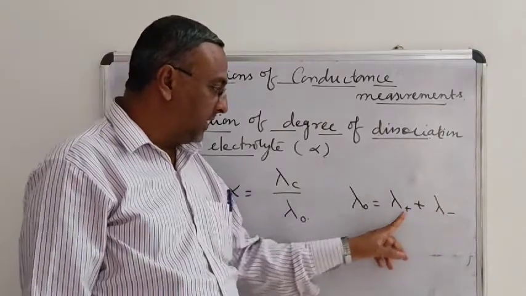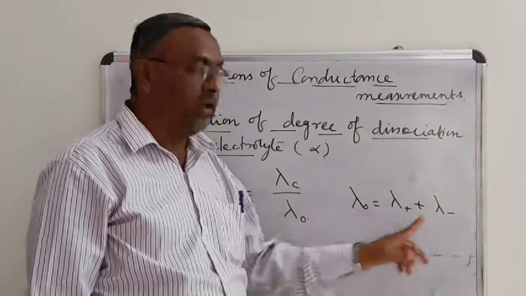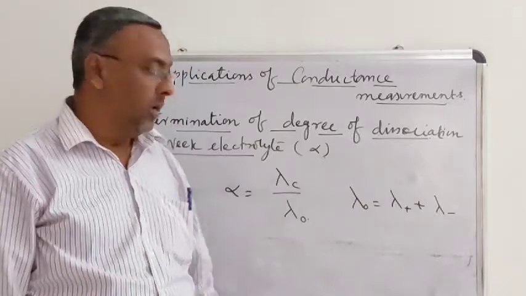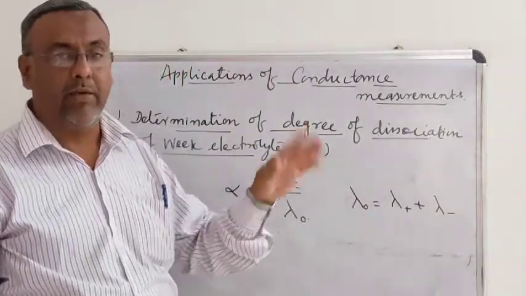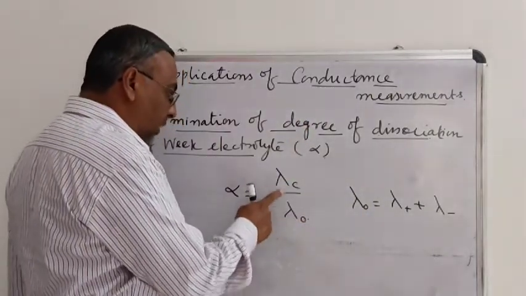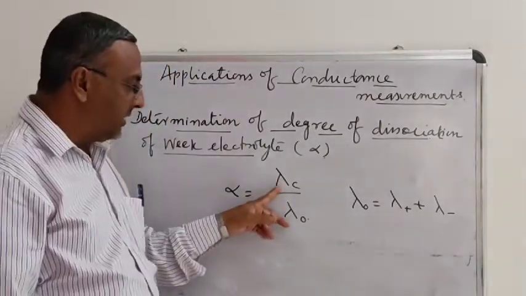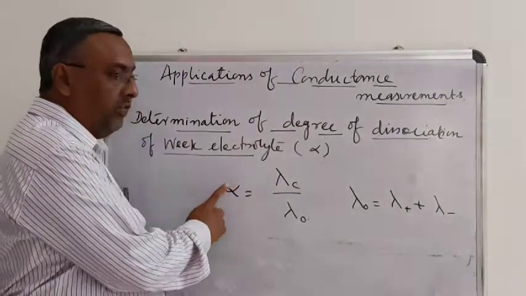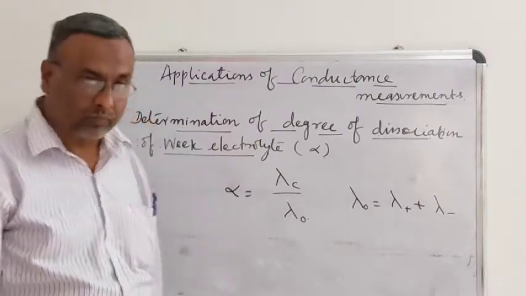These conductance values of cation and anion at zero concentration can be taken from the table. So this value is known, and the other value is calculated by conductance measurement, that is, the equivalent conductance at a given concentration. We can easily find out the degree of dissociation of a given weak electrolyte at any given concentration.